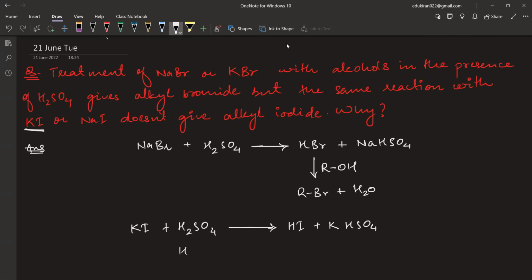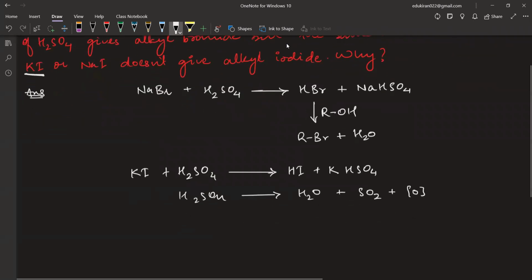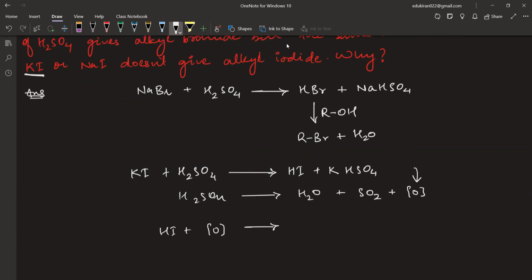It dissociates into water and SO2 plus nascent oxygen. This oxygen atom is the reason why H2SO4 is an oxidizing agent. Now we have our HI. This HI molecule reacts with oxygen and becomes H2O plus I2. To balance this, I will write 2HI here.